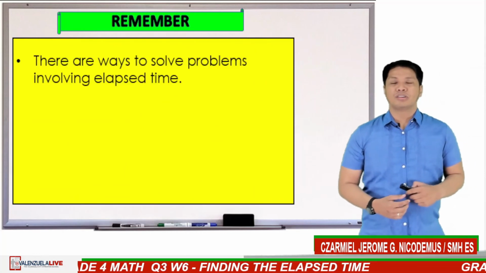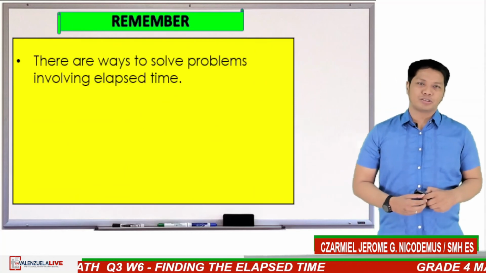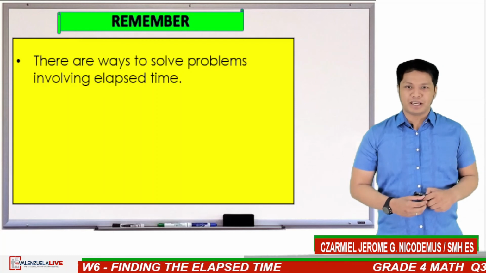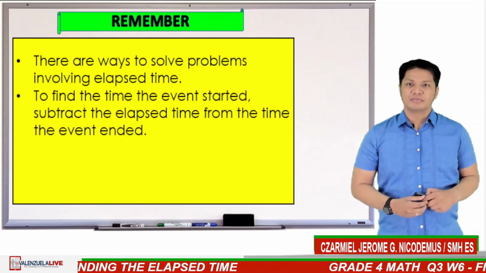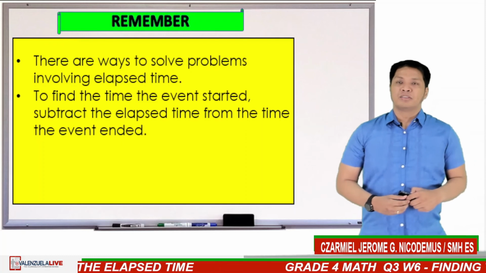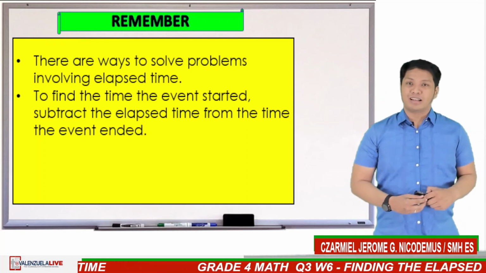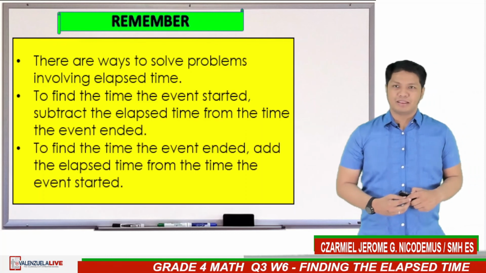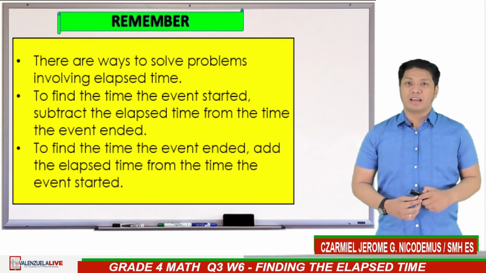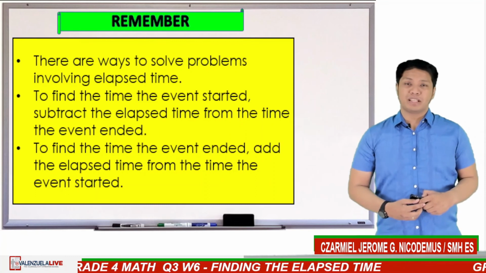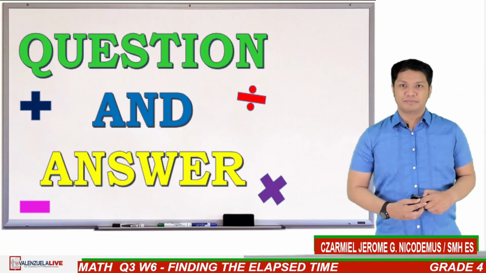Also remember there are ways to solve problems involving elapsed time. To find the time the event started, subtract the elapsed time from the time the event ended. To find the time the event ended, add the elapsed time to the time the event started.